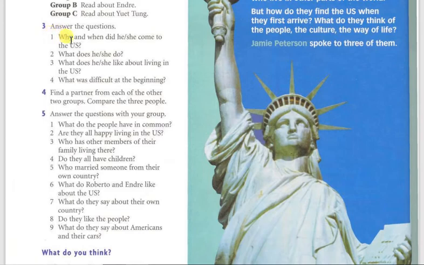Why and when did he or she come to the US? What does he or she do? What does he or she like about living in the US? What was difficult at the beginning? So these are 4 questions. So we have 4 questions and we have to match these questions according to the text.